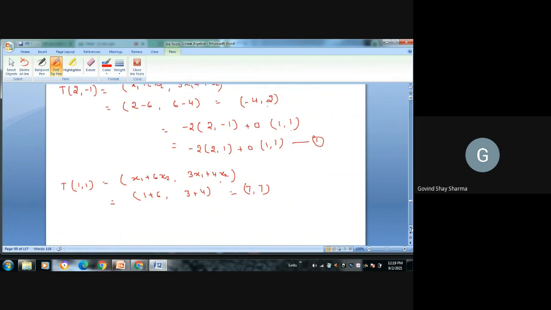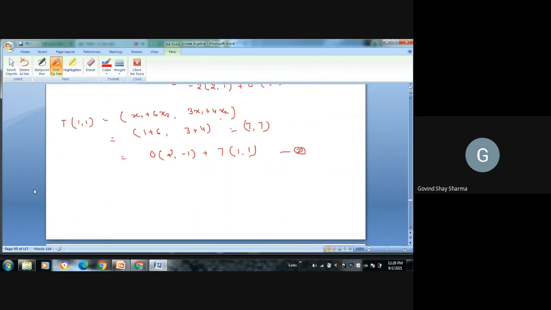Now we write it in the form of our basis: 0 times (2, -1) plus 7 times (1, 1). This is the equation.